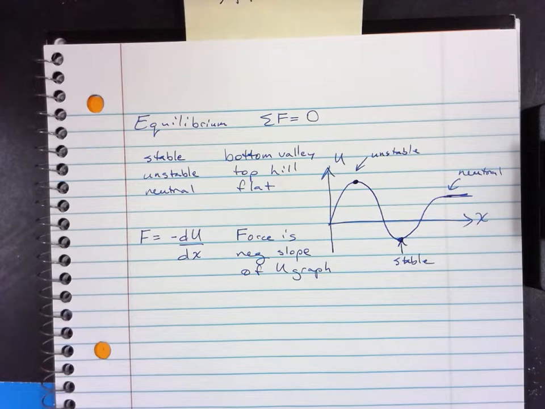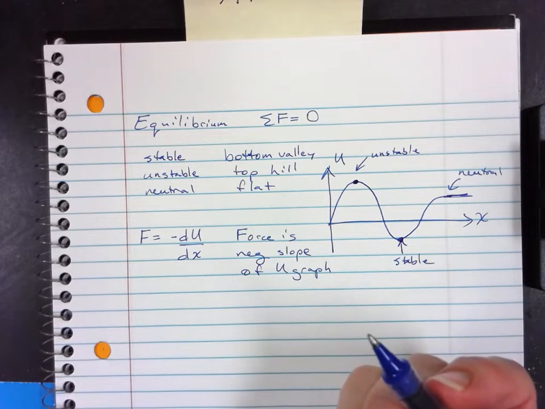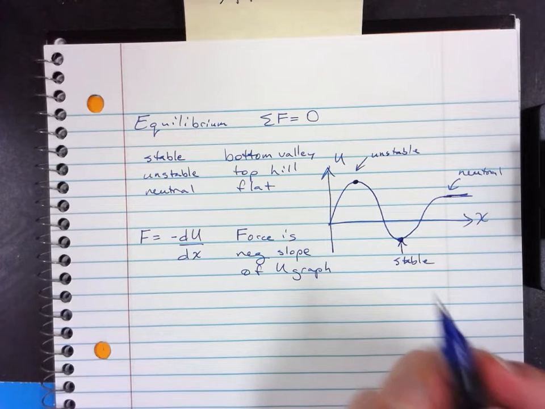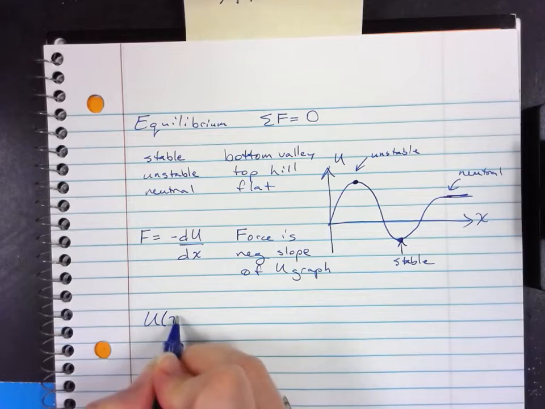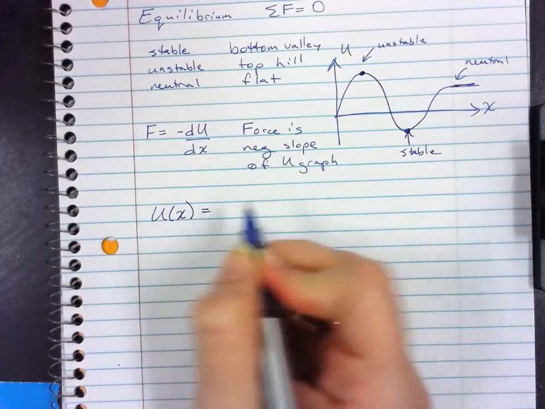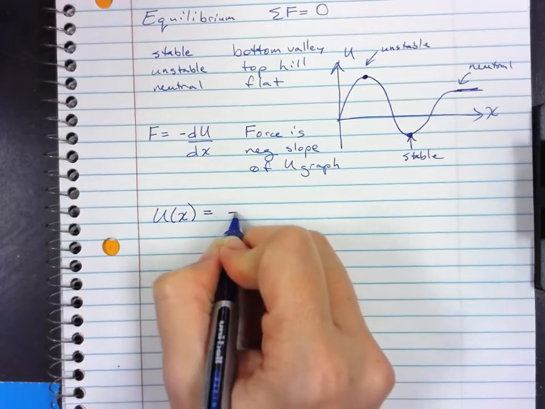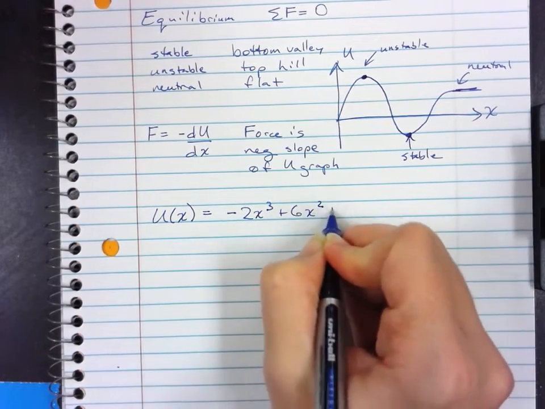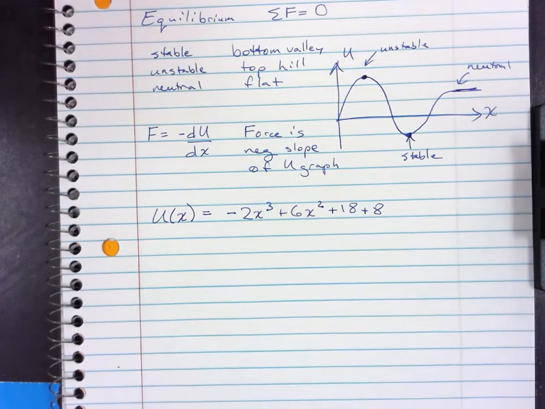So the rest of the video is going to be a discussion of a particular potential energy function. So here's one that I made up. It took a surprisingly annoying amount of time. The potential energy function is given by negative 2x cubed plus 6x squared plus 18x plus 8.